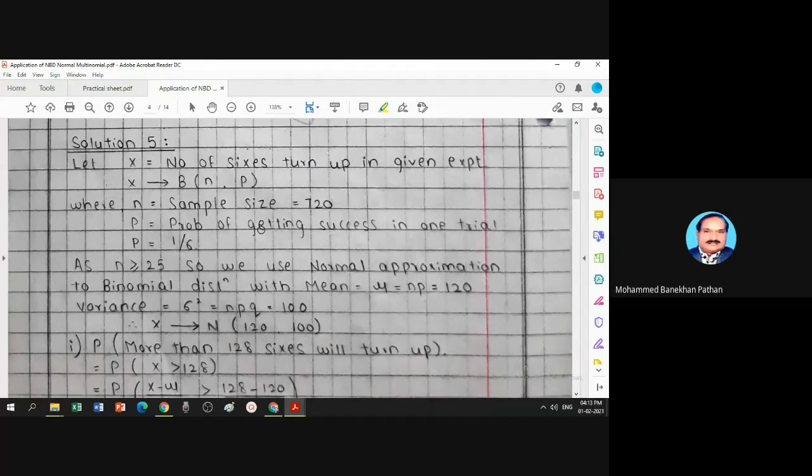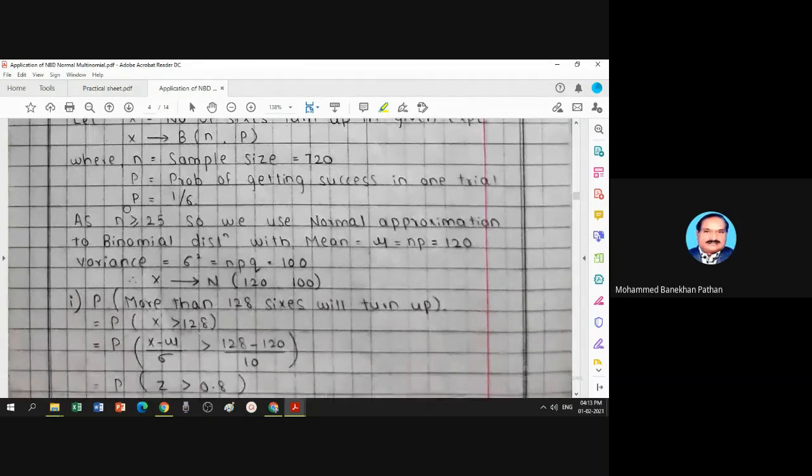P is the probability of getting a success in one trial, 1 by 6. As n is greater than 25, I said 30, doesn't matter, 25 also okay. So you repeat the experiment more than 25 times, so you are free to apply the normal approximation.